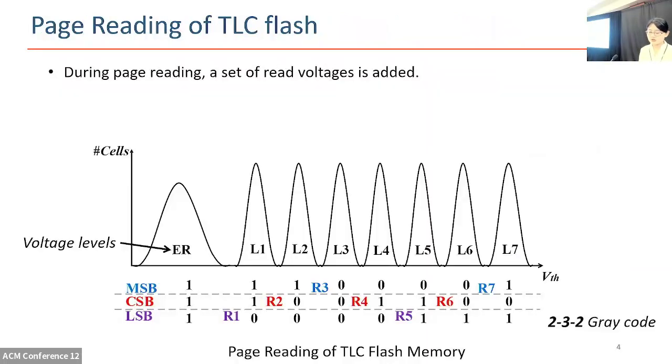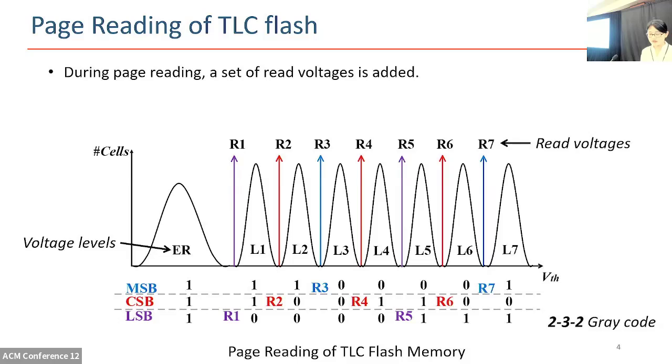Now let me show you the reasons behind it from the on-chip page reading. We take TLC flash with 3 bits per cell as example. There are 8 voltage levels with 3 page types, the LSB, CSB, and MSB. And 7 read voltages R1 to R7 are used to separate them during the read operations.